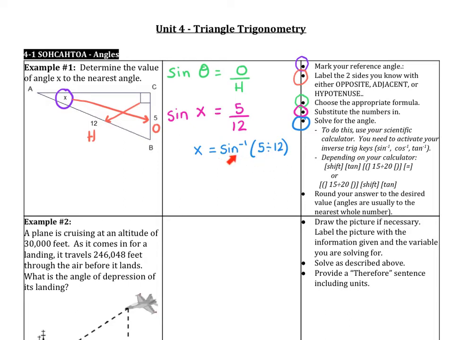Usually it's this order, sine inverse of 5 divided by 12. So what you would type in your calculator would be shift or the second button, whichever your calculator has, and then press the sine key to get sine inverse, and then bracket 5 divided by 12, close the bracket, equals.